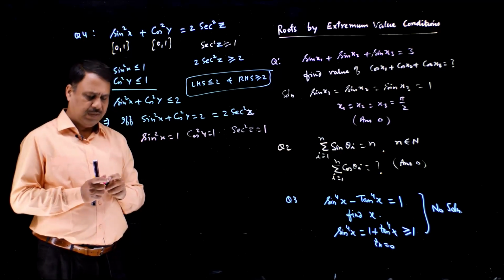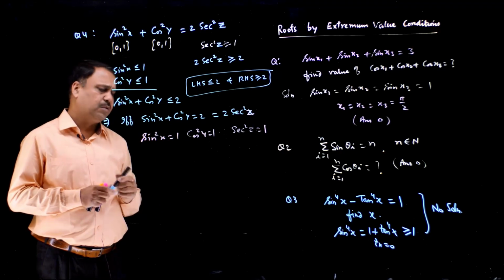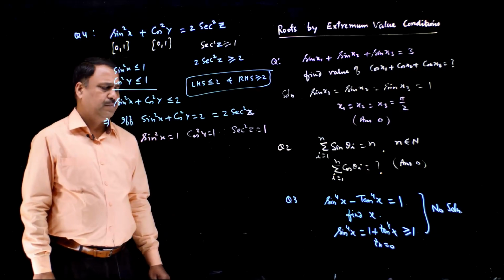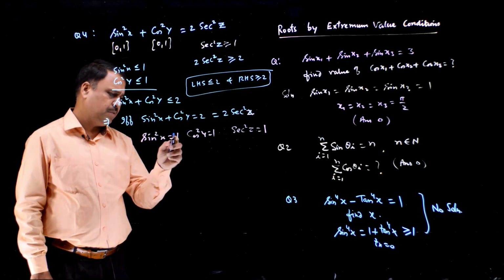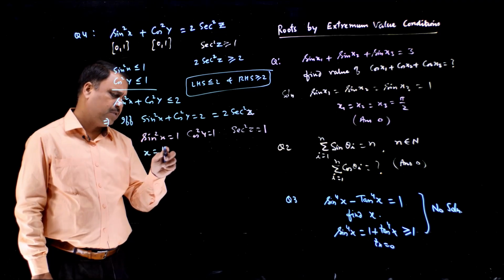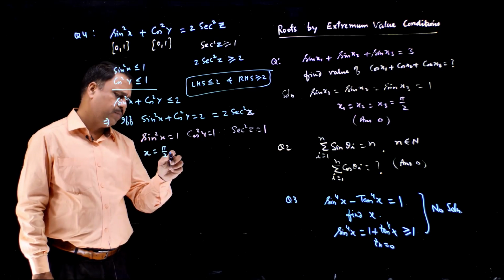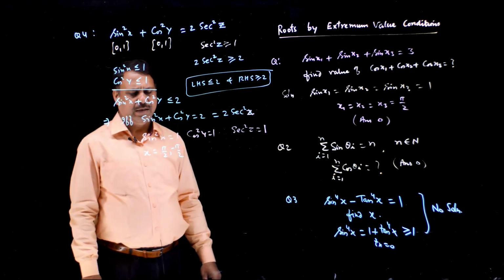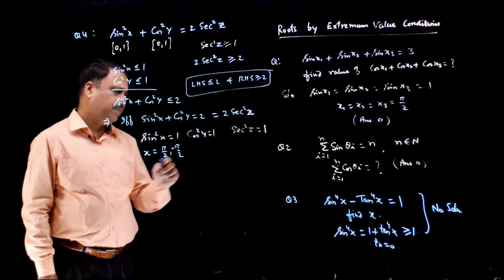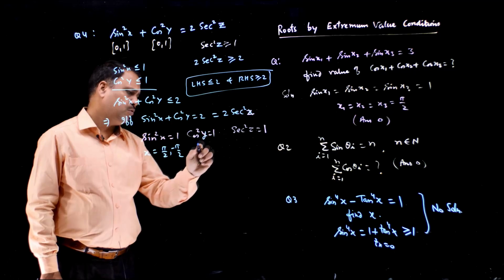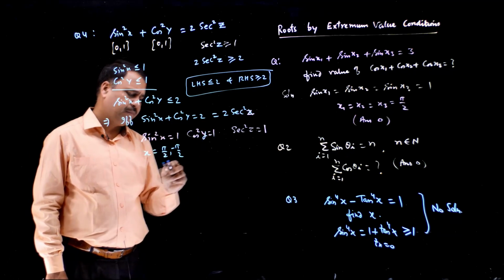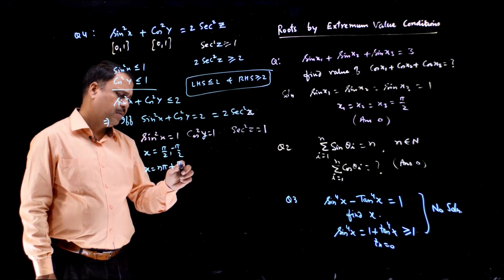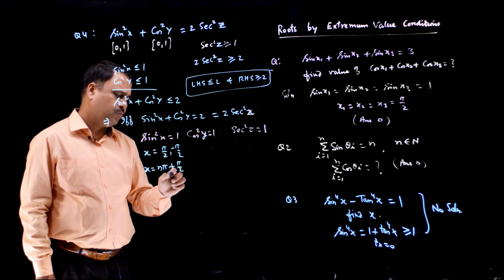From here you can find either a general solution or a principal solution, whatever you want. So sin square x is equal to 1, so x is equal to pi by 2 or minus pi by 2 if I want the principal solution, or in general x is equal to n pi plus or minus pi by 2.